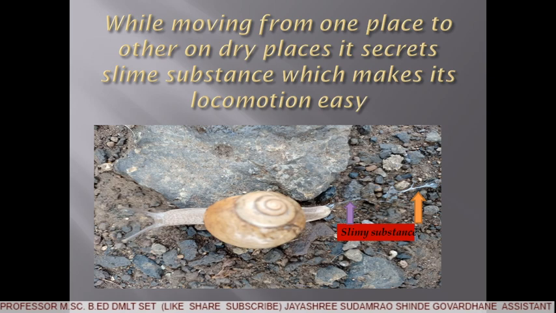As we have already studied in the last video, Pila shows tentacles and snout. With the help of that snout and tentacles, it can swim in water easily. It can also float on the water surface. It can easily climb up on aquatic plants also.